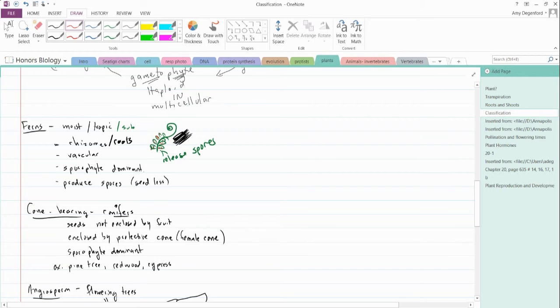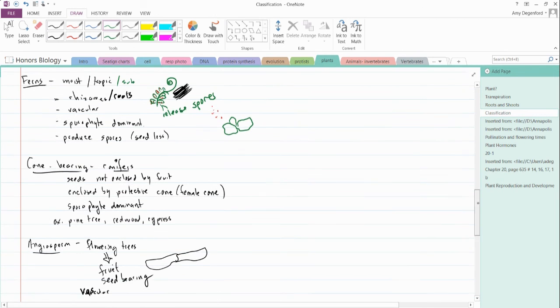And so in the fern, now it's not going to produce seeds, it's going to produce spores, and the spores develop underneath the leaves, called the sporangium, and they're going to produce spores and release them. And then just as before, the spores, once they're released, they grow into this tiny gametophyte, and that is a really tiny looking plant. You would never really see it unless you knew what you were looking for, but you can see the gametophyte if you knew what you were looking for on the ground.